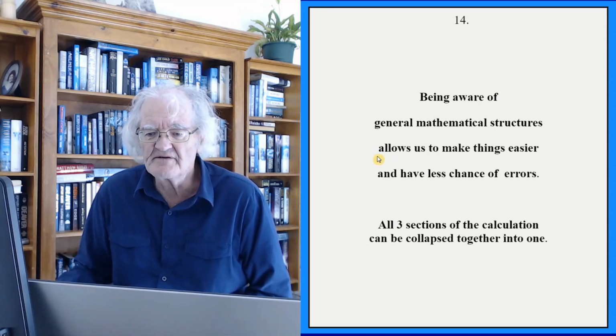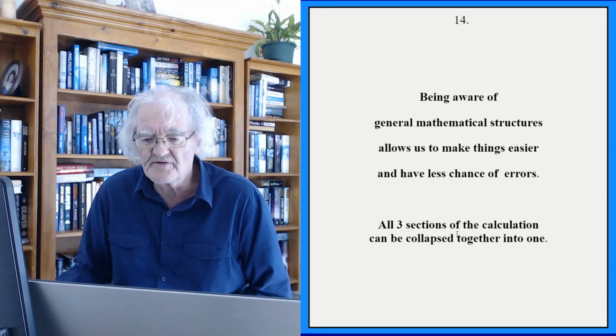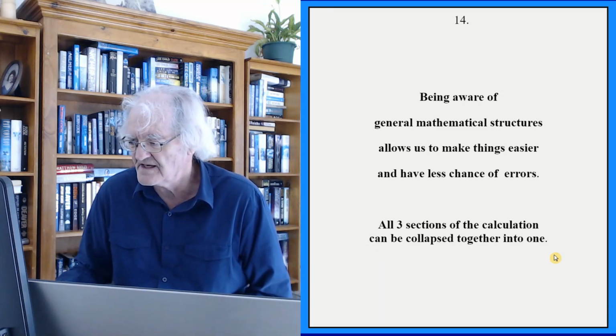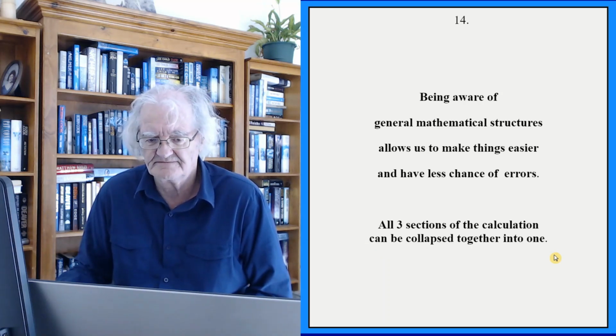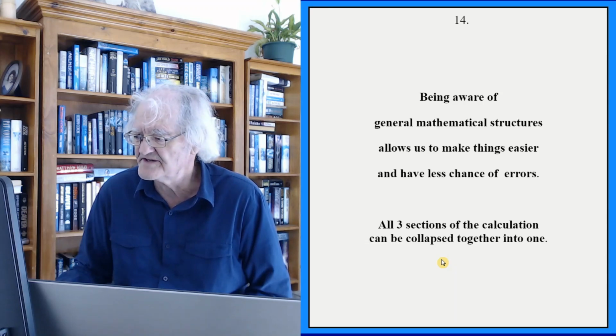But being aware of general mathematical structures allows us to state that all 3 sections of the calculation can be collapsed together into one calculation. One calculation will be quicker and have less chance of an error.